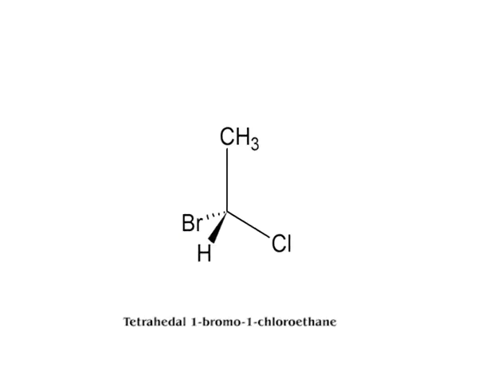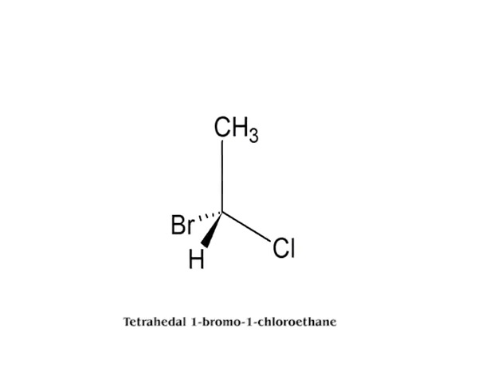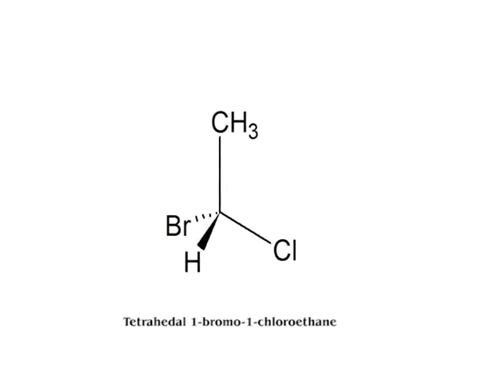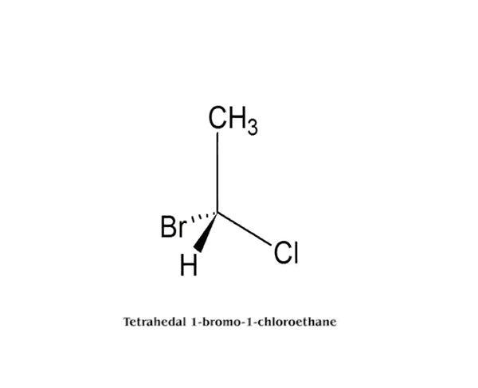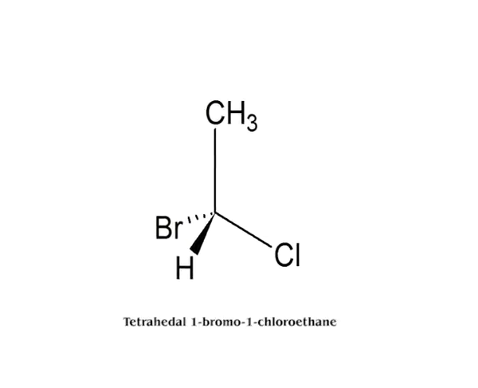From the symmetry point of view, molecular chirality is exhibited by, number one, asymmetric molecules, that is, molecules without any symmetry element except the identity element E. For example, tetrahedral 1-bromo-1-chloroethane is devoid of any symmetry except the identity element E, and this molecule is chiral in nature. The amino acid cysteine is another example of a chiral molecule without any symmetry element.